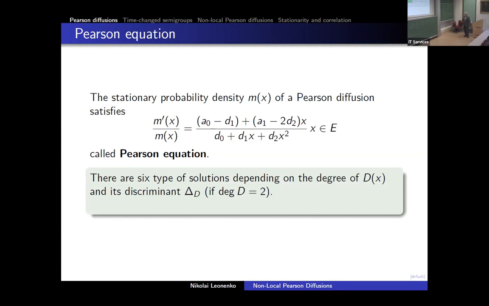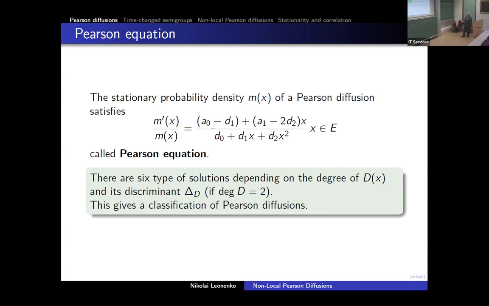Basically, there are 6 types of solutions. It's our classification, depending on the degree of the quadratic term. You remember that d of x is exactly the denominator, and it's the discriminant of this quadratic equation, if of course this is really quadratic, with degree equal to 2.